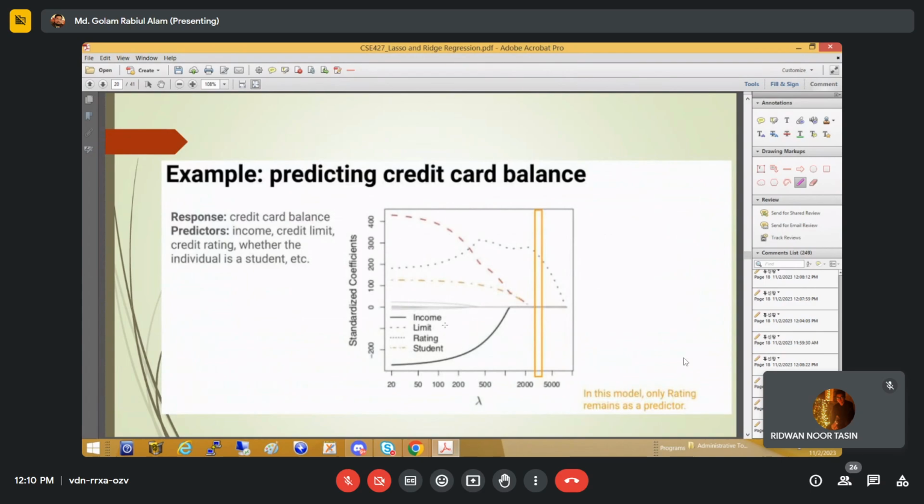In the case of our lasso regression, there is one data set for predicting the credit card balance, based on income, credit limit, credit rating, and whether the individual is a student or not. So these are the variables. Considering these 4 parameters, we want to predict the credit card balance.